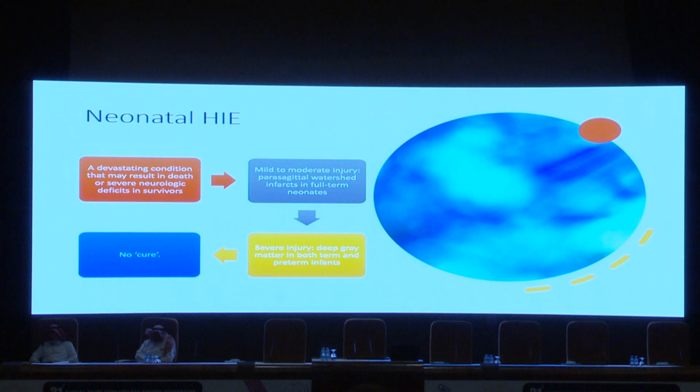HIE is a costly disease, مكلف جدا على الحكومات. It's estimated that one case of cerebral palsy that results from HIE in the United States costs $11 million for the lifetime. تخيلوا $11 مليون بيكلف الحكومة الأمريكية على طفل واحد عنده cerebral palsy from HIE.